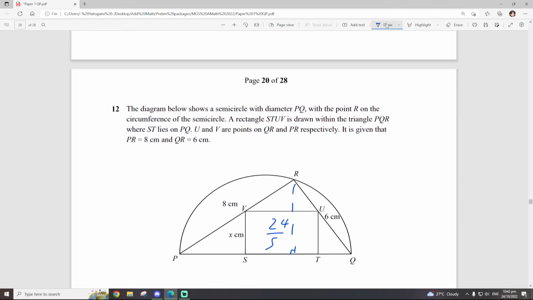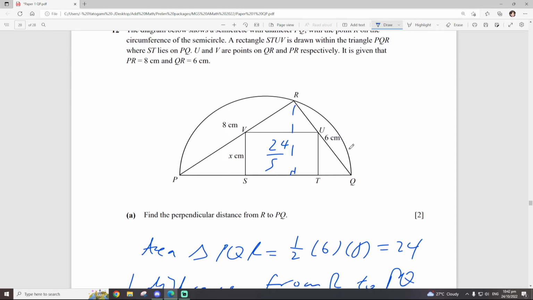Okay. Now that we have VR, we can use similar triangles again. VR divided by VU is PR divided by PQ. Okay.